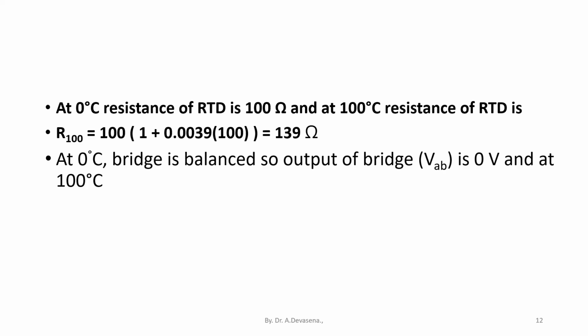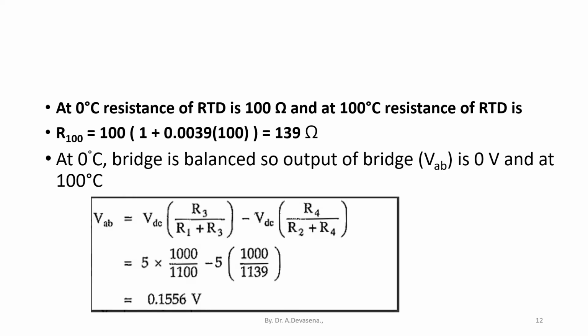And at 100 degrees Celsius, V_AB is equal to V_DC into R3 divided by (R1 plus R3) minus V_DC into R4 divided by (R2 plus R4), that is equal to 5 into 1000 divided by 1100 minus 5 into 1000 divided by 1139, that is equal to 0.1556 volt.